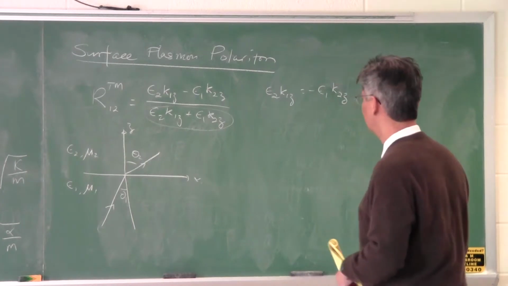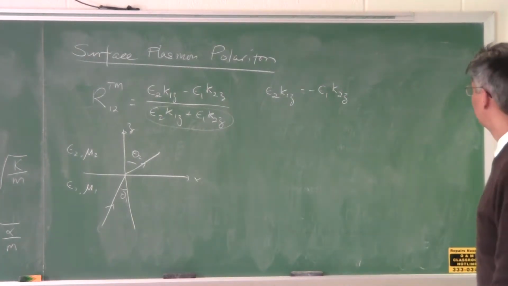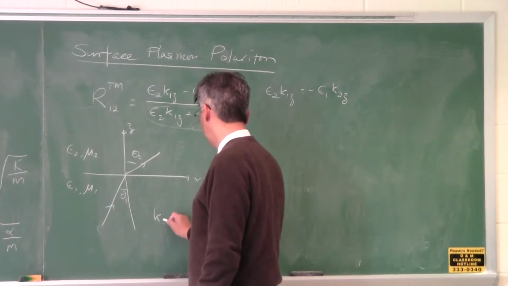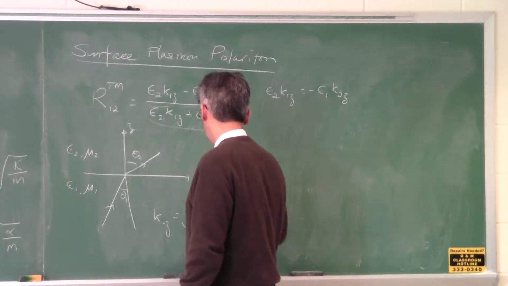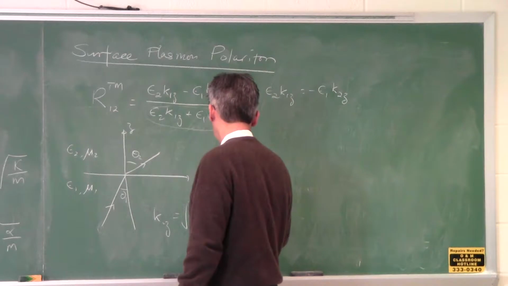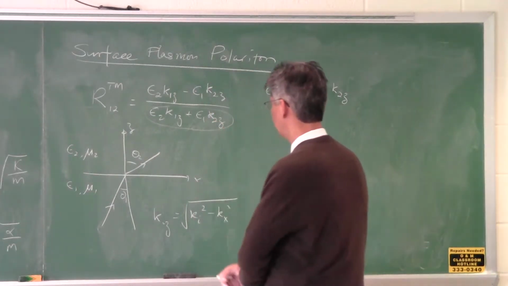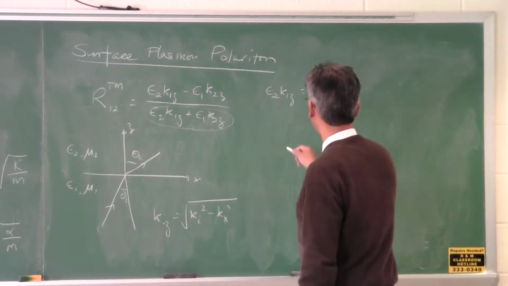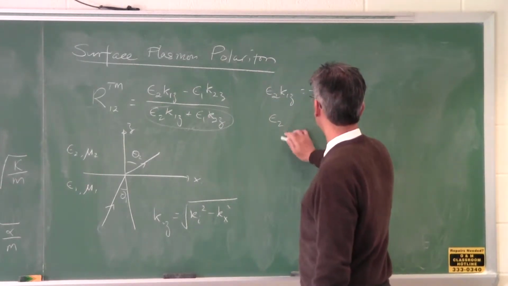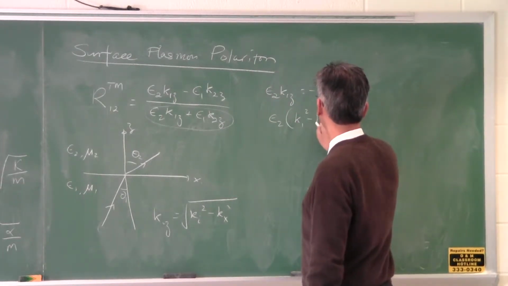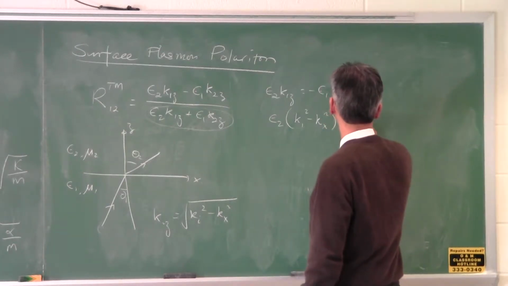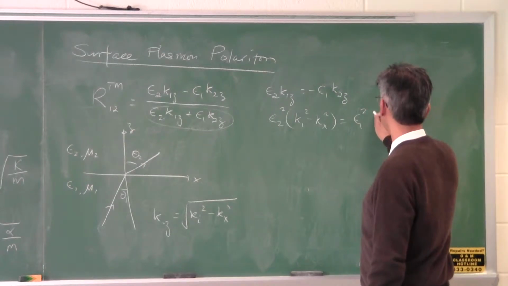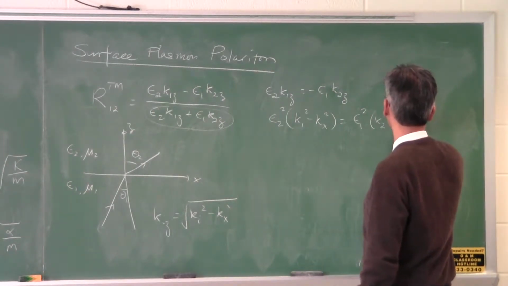Look for when this pole exists. Kiz is the square root of Ki squared minus Kx squared, in this visual picture over here. Then I can square this to get epsilon 2 squared times (K1 squared minus Kx squared) equal to epsilon 1 squared times (K2 squared minus Kx squared).